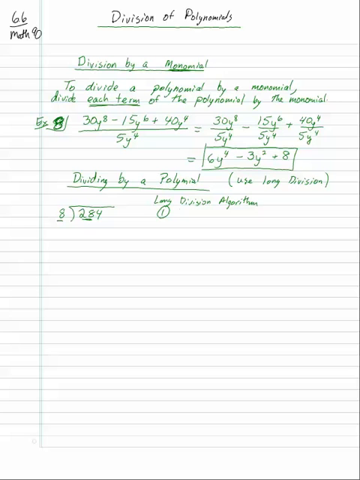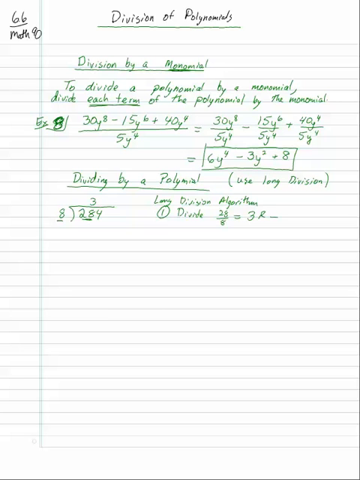You're going to divide 28 divided by 8, which is going to be 3 with some left over, with a remainder. And then what do you do with that 3? Well, you can put it right above the 8 for 28.